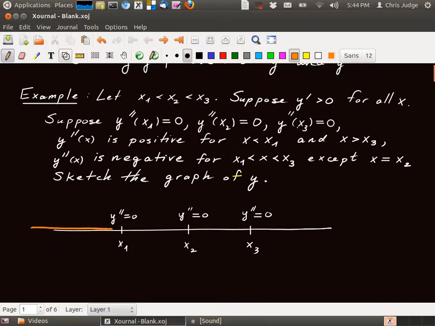So here are all the points x that are less than x1. And so here we know that the second derivative is positive. Also, for x greater than x3, we know it's positive. So here's x bigger than x3. Y double prime is positive here.